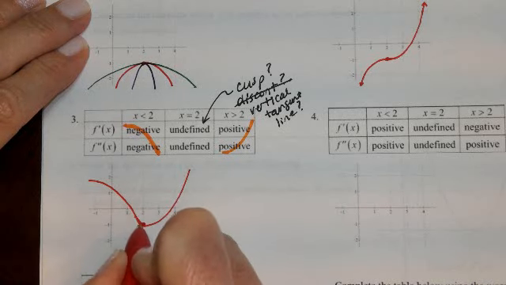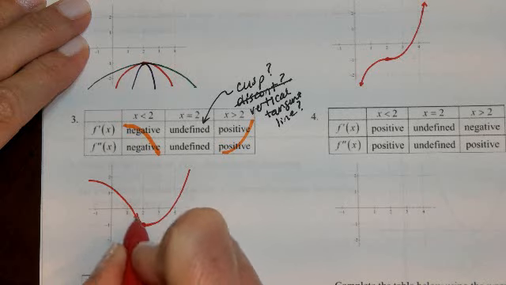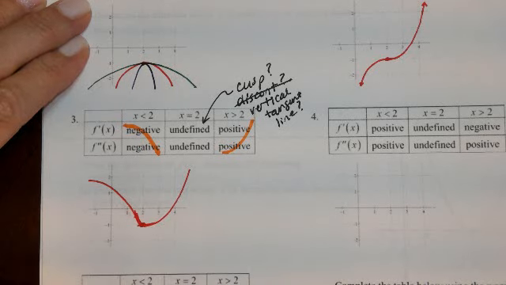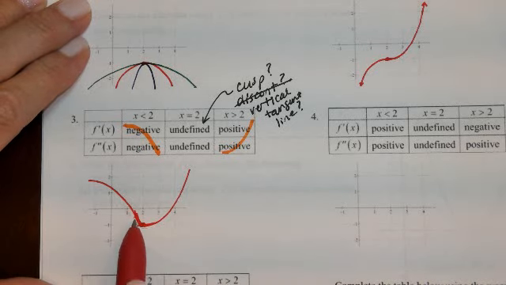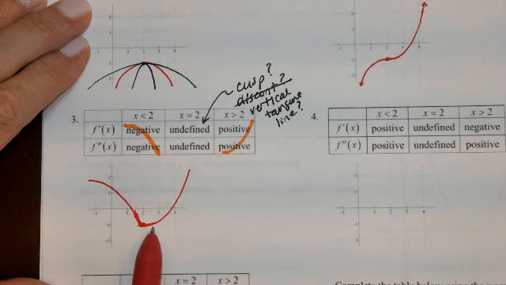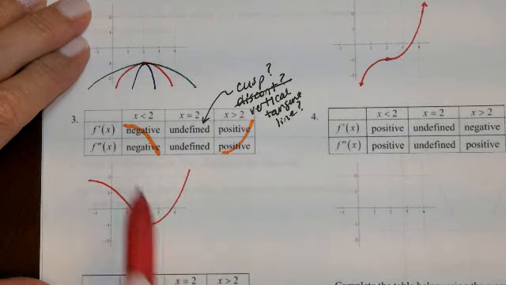I made this look a little curvy here, but it should be a cusp, which means the slope from the left does not equal the slope from the right. So that is one such graph. Yours might look a little bit different, but still meet all of the criteria.